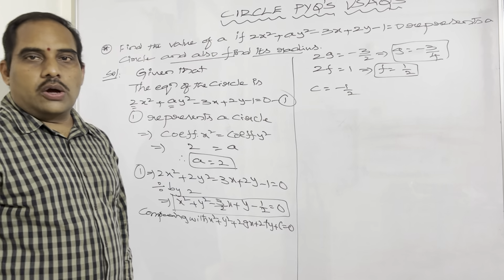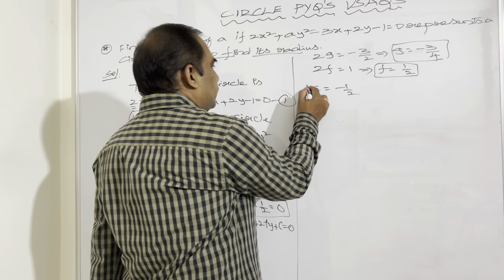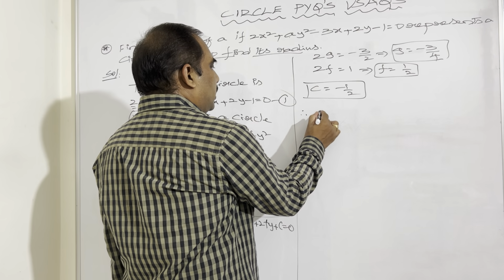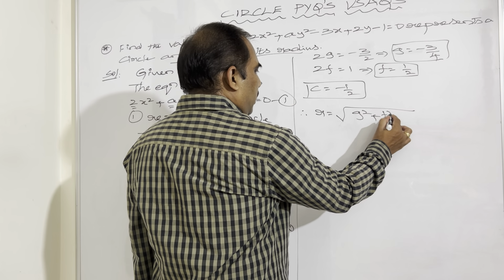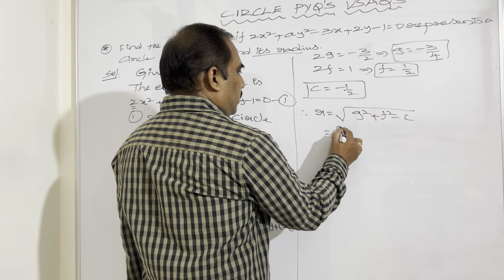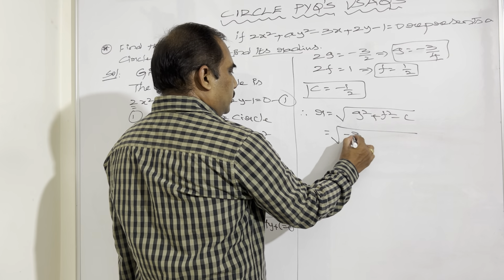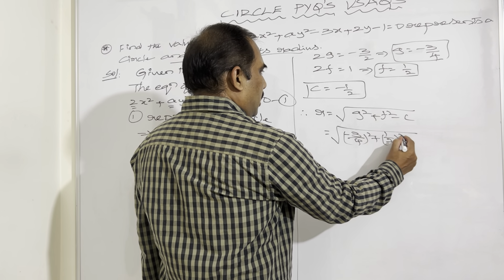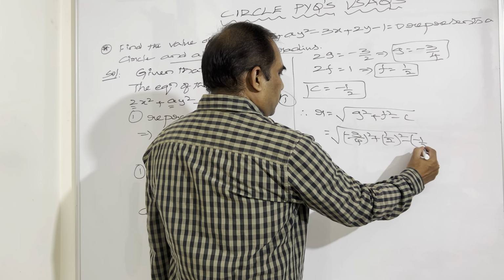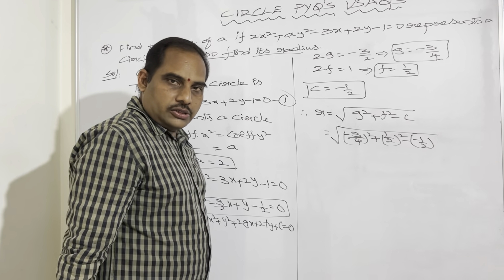Now what we have to find? We have to find the radius. So radius r is equal to root over g square plus f square minus c, which is root over, g is minus 3 by 4 whole square, and f is 1 by 2 whole square, and c is minus 1 by 2, so minus of minus 1 by 2.